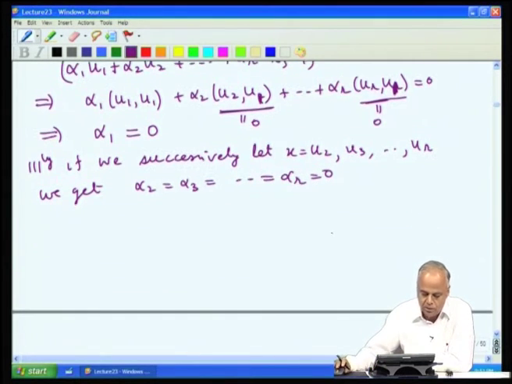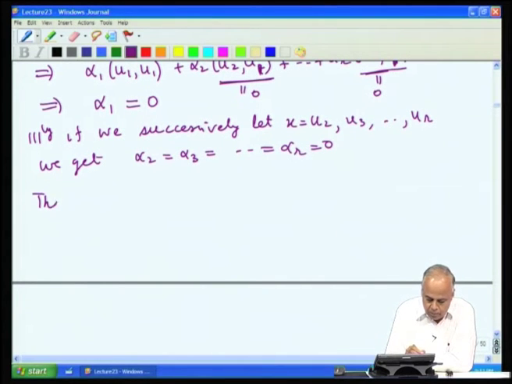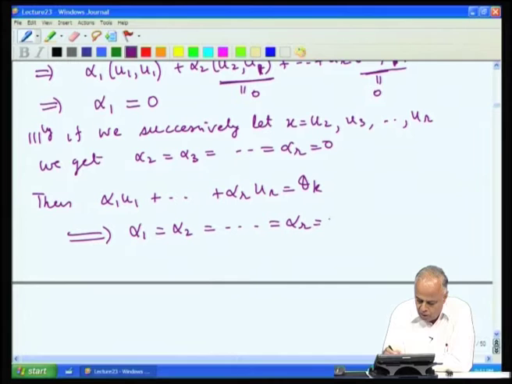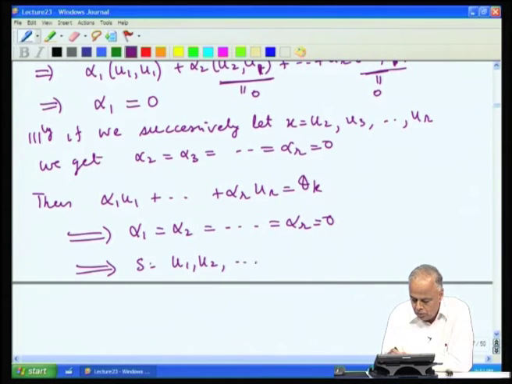So alpha 1 u1 plus ... plus alpha r u r equal to theta k implies alpha 1 equal to alpha 2 equal to alpha r equal to 0. This means that the set S of vectors u1, u2, ..., u r is linearly independent.